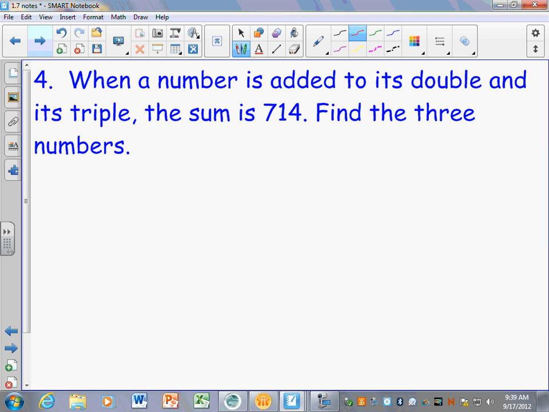Anybody want to volunteer what they think the equation would be there? How would you write double a number? How would you write triple a number? If we're going to add all those together, a number is added to its double and its triple, and the sum is means equals 714.